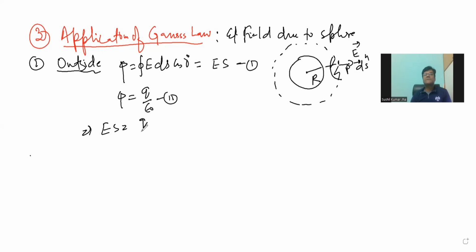Es is equal to q upon epsilon naught. Therefore, E becomes q upon epsilon naught into S. And surface area, if we write, what we get? This surface area would be 4 pi r square. So it becomes q upon 4 pi epsilon naught r square. So this is the answer.